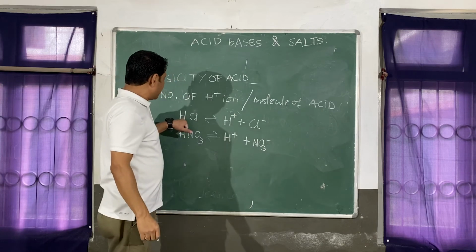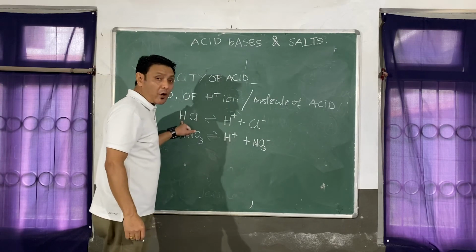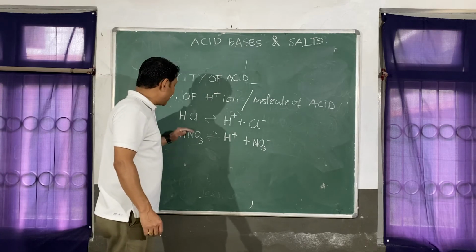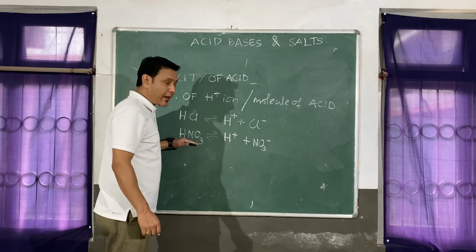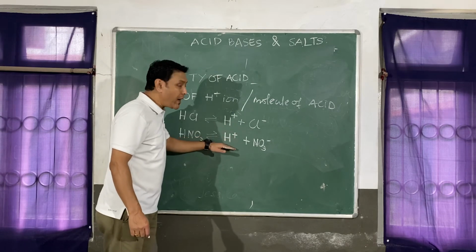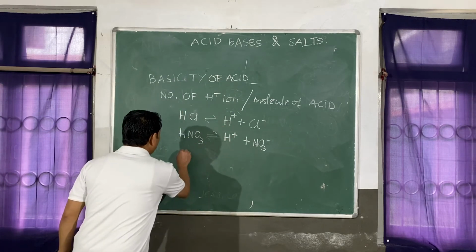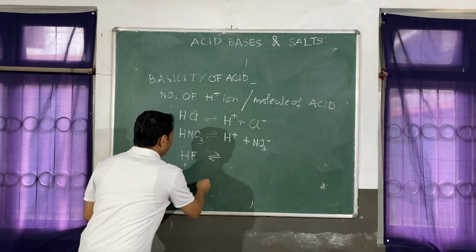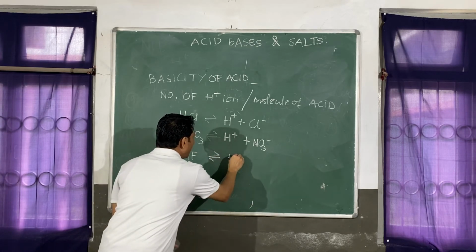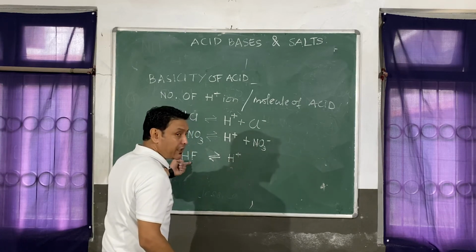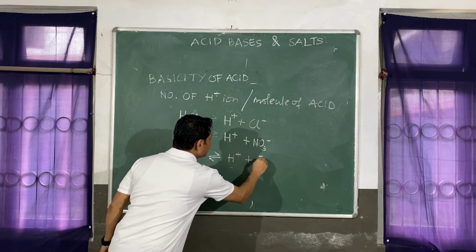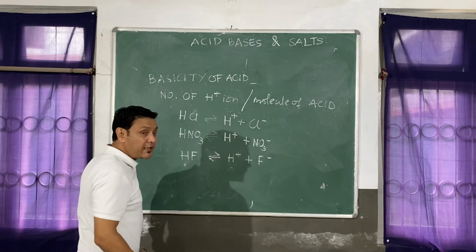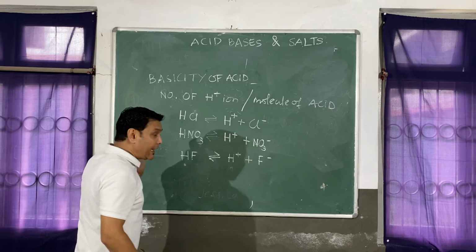Since it has only 1 atom of hydrogen in the acid, in hydrochloric acid and nitric acid as well, it produces only 1 hydrogen ion. Similarly, we have hydrofluoric acid, HF, again producing only 1 hydrogen ion per molecule of the acid and F minus, because the valency of fluorine is 1. Since it's a non-metal, it will produce a negative ion.